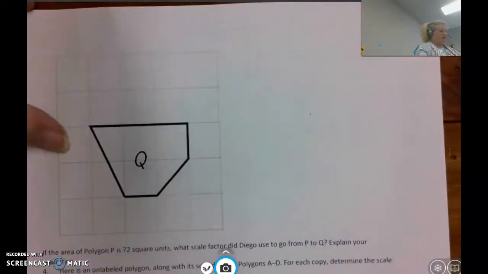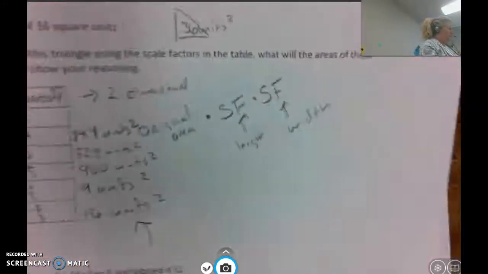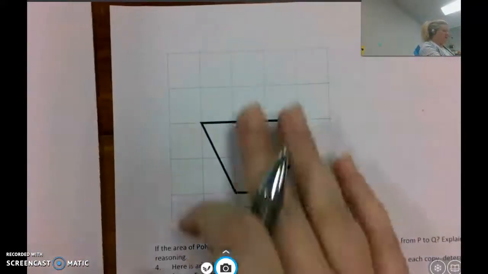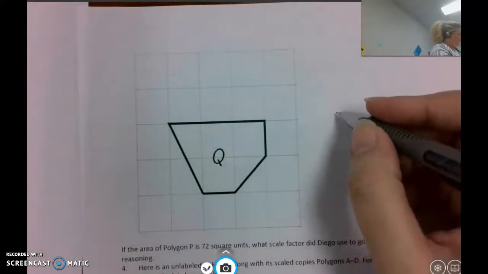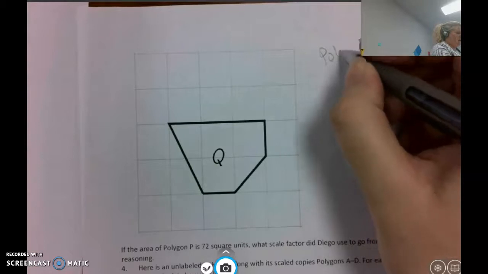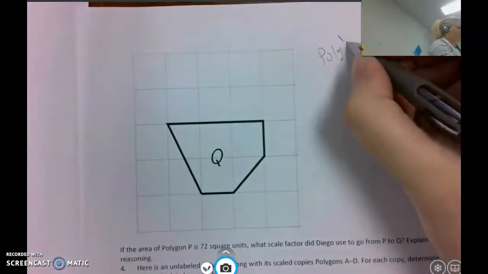So number 3, I didn't require you to do that in the lesson, but Diego has drawn the scale copy. I'm going to go ahead and go over it.